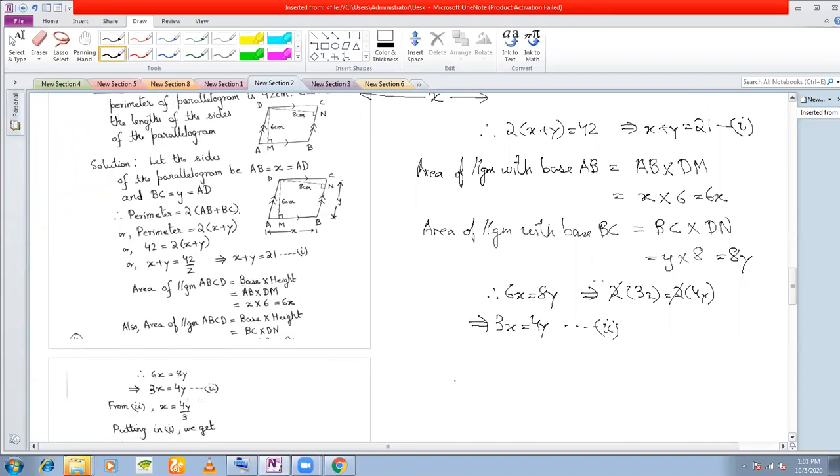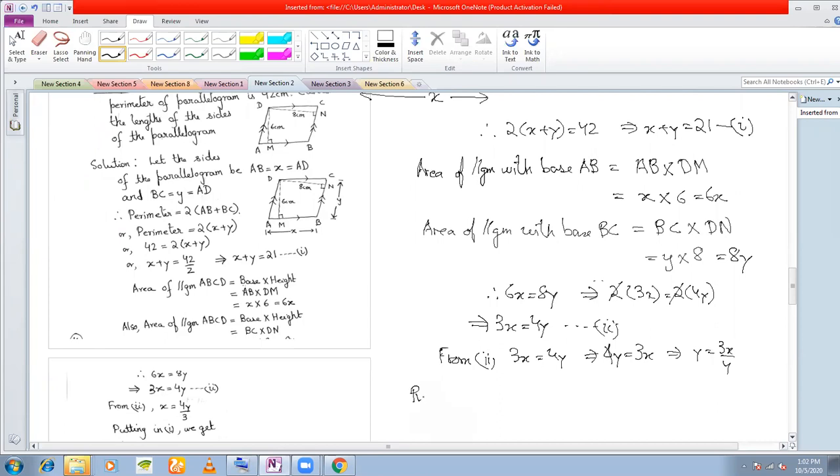So let us solve. How to solve? You want substitution method? So from 2, 3X is equal to 4Y. So you get 4Y is equal to 3X. That means Y is equal to 3X by 4.